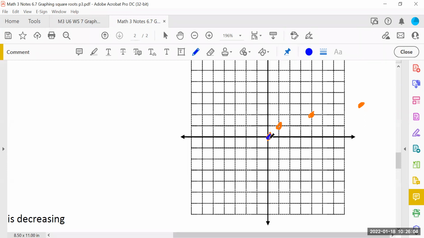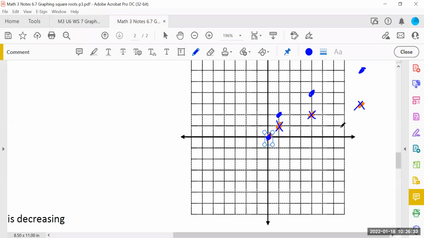That point doesn't move. 1 times 2 is 2. 2 times 2 is 4. 3 times 2 is 6. So notice how it stretches our graph up instead of flipping it upside down this time. All of our points just got stretched upward.